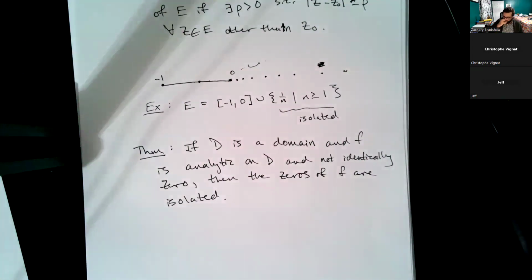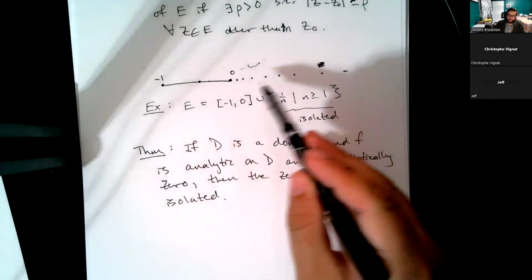So if you have a domain, F is analytic and not identically 0, then the zeros of F are in fact isolated, like they are in this example.